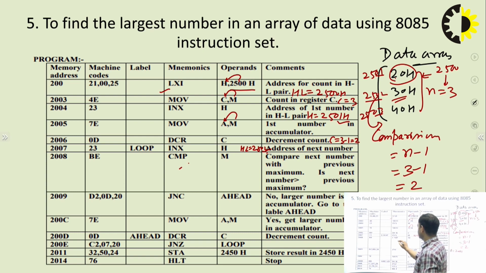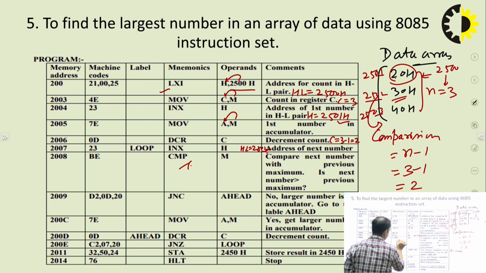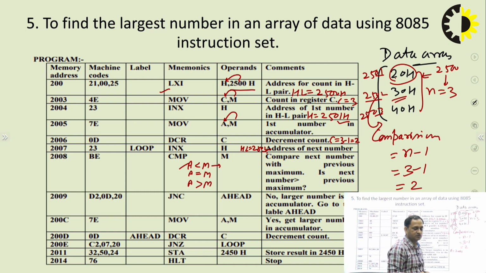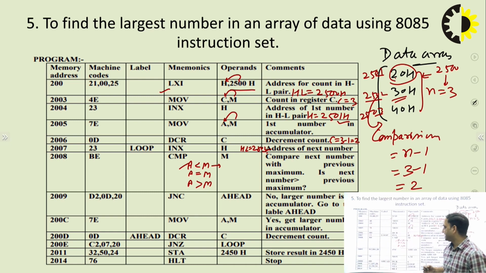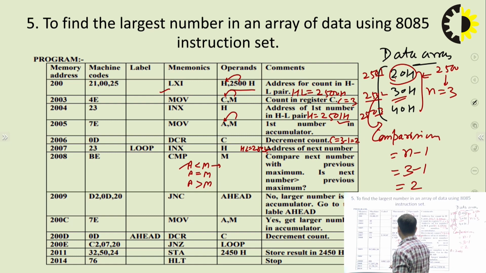So when we compare these two numbers, this comparison will be of 3 types: A less than M, A equal to M, or A greater than M. When we use the comparison instruction, only the flags will be affected. There is no effect on the accumulator. Comparison is nothing but doing A minus M within the system, but it will not affect the accumulator.